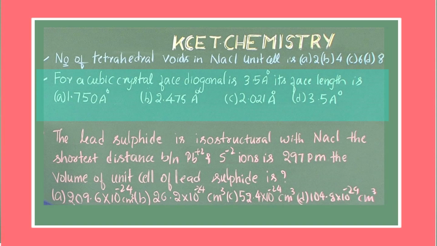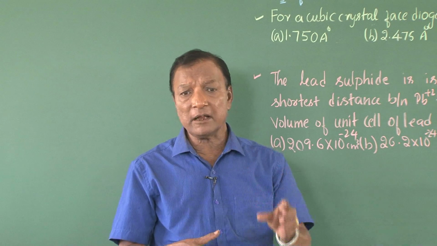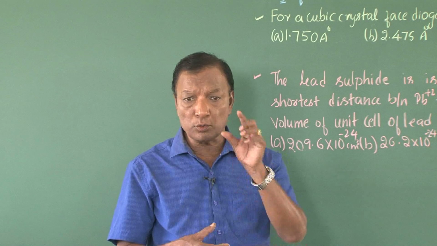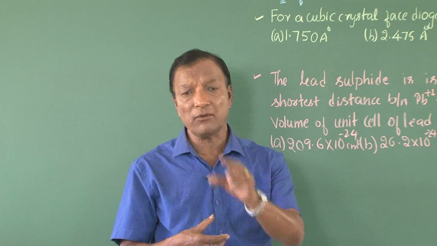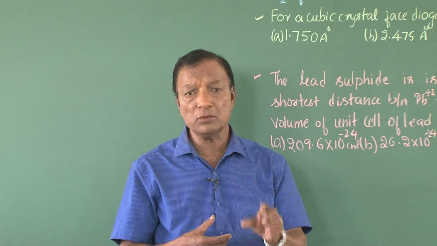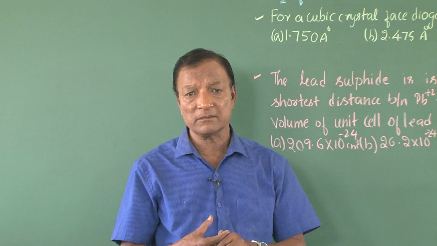For the face-centered cubic unit cell, the face diagonal and the face length, meaning the edge length, are related as the face diagonal is equal to root 2 times a, root 2 times the edge length.